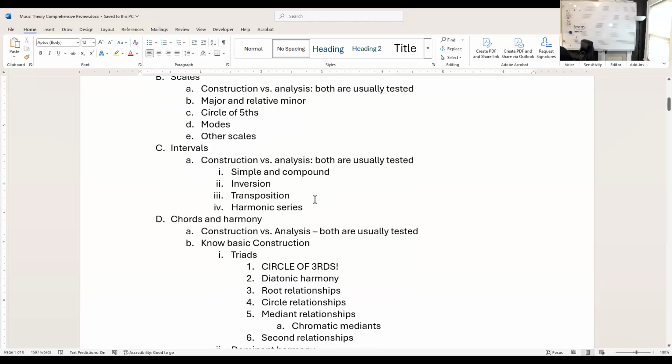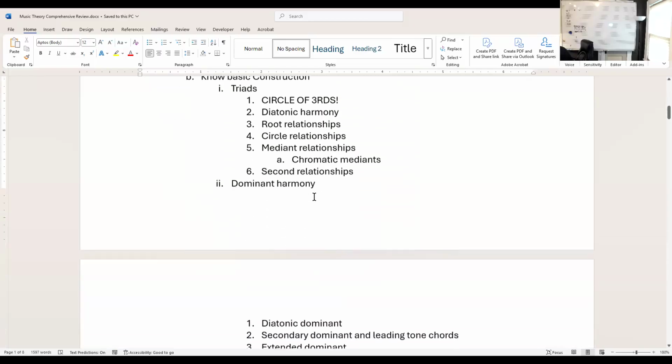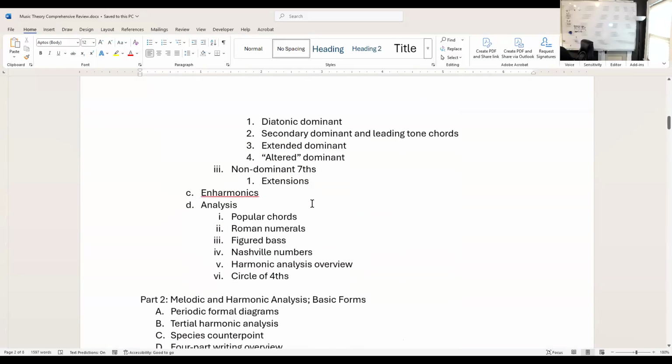And by that I mean intervals, triads, and harmony, basic voice leading, and analysis of harmony, as well as basic forms. And by basic forms, I mean binary and ternary form.